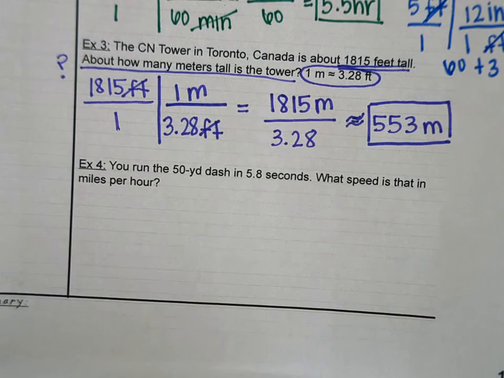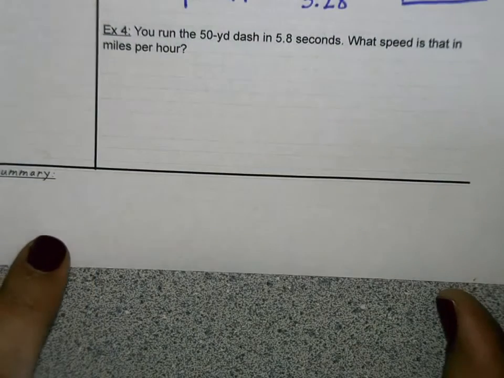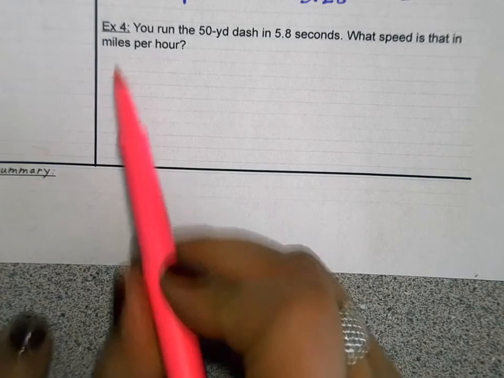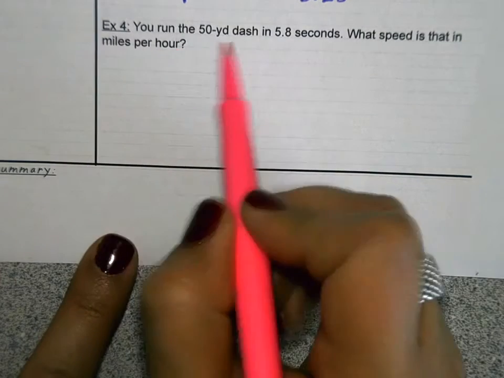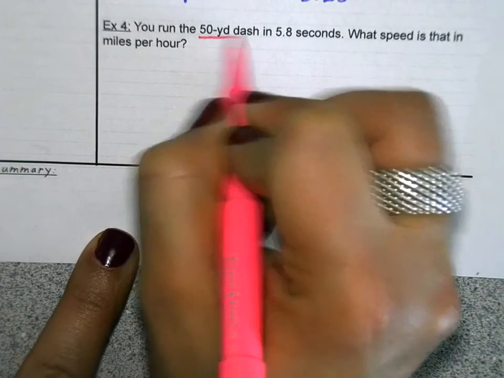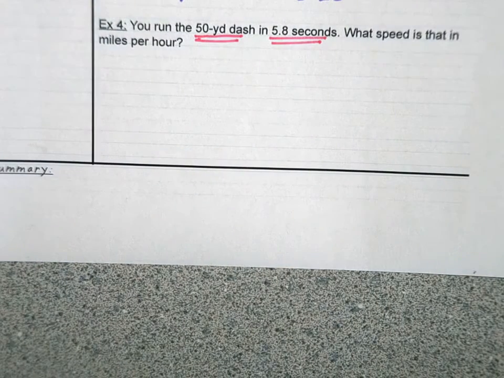Let's do one more problem that actually requires multiple conversions, and then I'll let you guys practice some of this on your own. So example 4. You run the 50-yard dash in 5.8 seconds. So 50-yard dash and 5.8 seconds are going to be some mathematically important information.